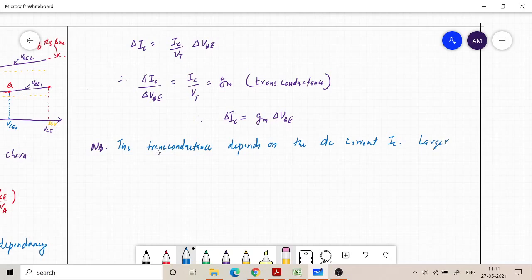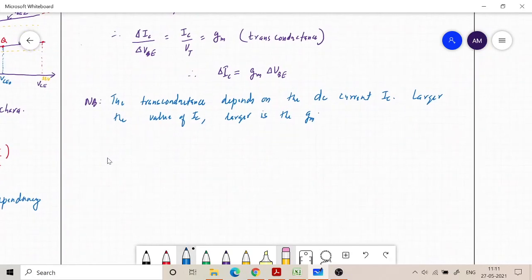Larger the value of IC, larger is the gm. So that means if you want more amplification, because ultimately your amplification is going to depend upon gm, you need to bias the transistor in such a way that a large IC will flow through it, so that you can have a larger amplification factor. All right, so that is one thing.